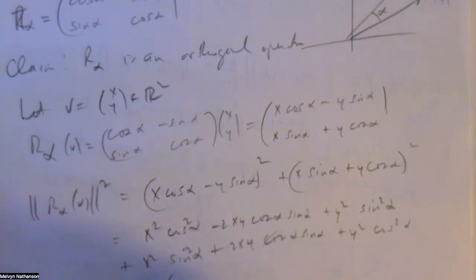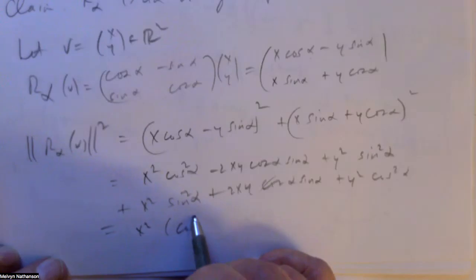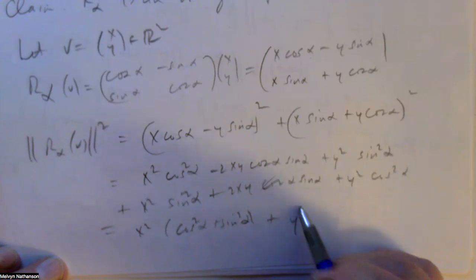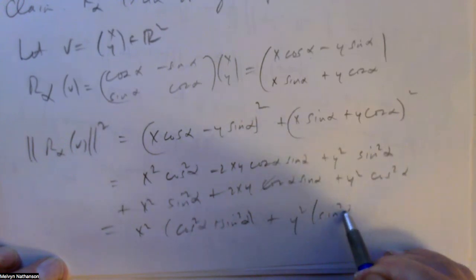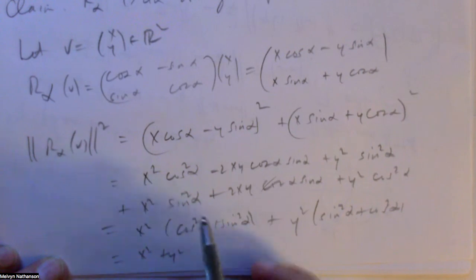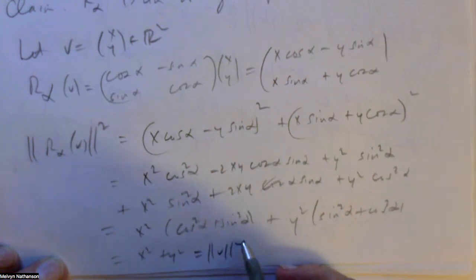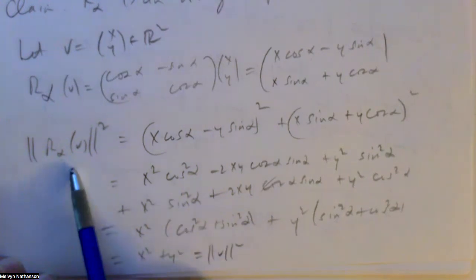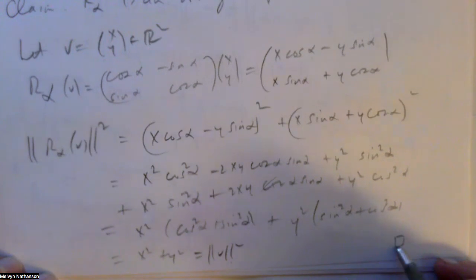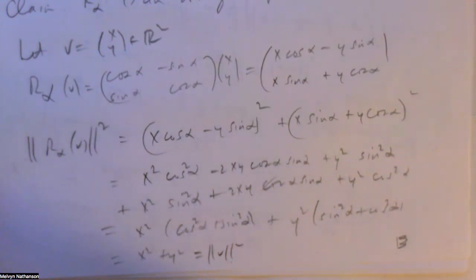I get x squared times (cosine squared alpha plus sine squared alpha) plus y squared times (sine squared alpha plus cosine squared alpha). Sine squared plus cosine squared is 1. So this is x squared plus y squared, which is the length of V squared. So R alpha of V has the same length as V for every vector V. So rotation is a very beautiful classical example of an orthogonal linear operator.